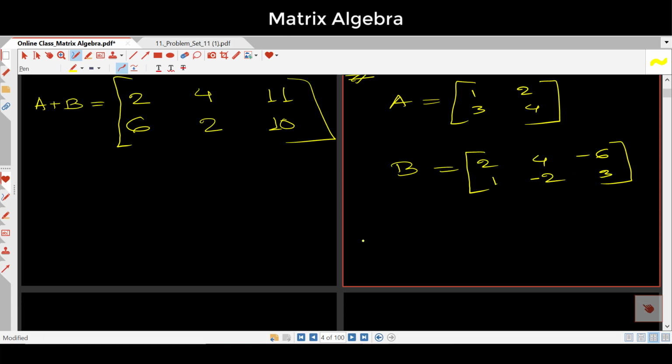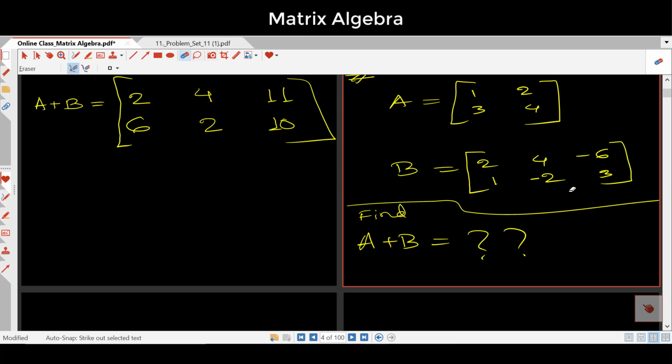Now if you were asked to find A plus B, we are asked to evaluate the summation A plus B, but we have to be sure whether it is possible or not. Addition is possible only when the order of the two matrices is the same.